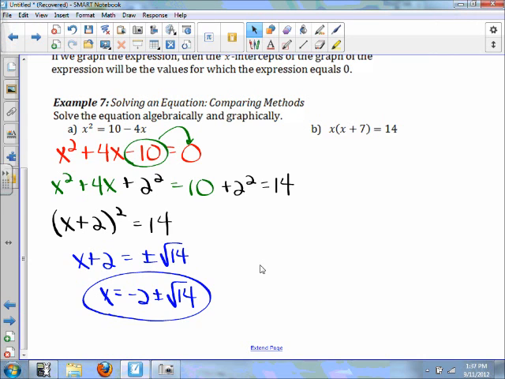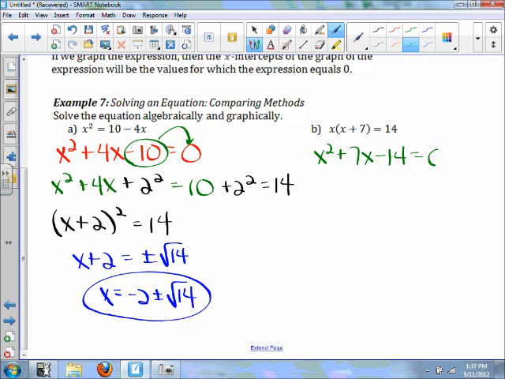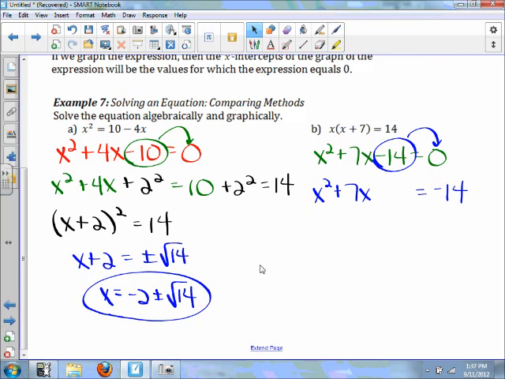Now when we look at B, we'll have to distribute the x first and bring the 14 over. Now there are no 2 factors of 14 that give us 7. So again, we're going to have to complete the square. Take the 14 back. Half of 7 is 7 over 2.